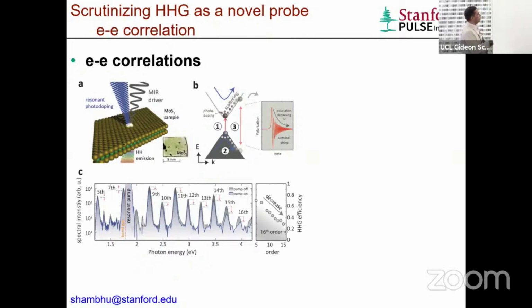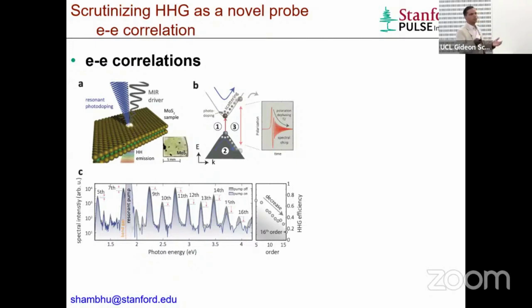We look at the harmonic signal as a function of this photodoping. The basic idea is shown here. If you did not have doping, you have this. Let's stick to one of the mechanisms: if it is the interband mechanism, then this driven polarization between the electron and hole is going to give rise to these harmonics.